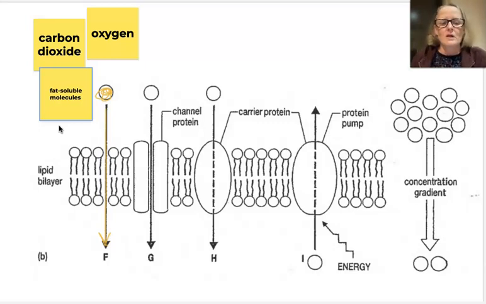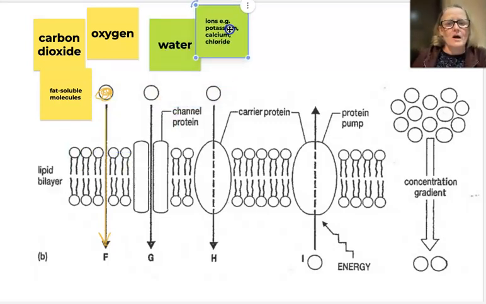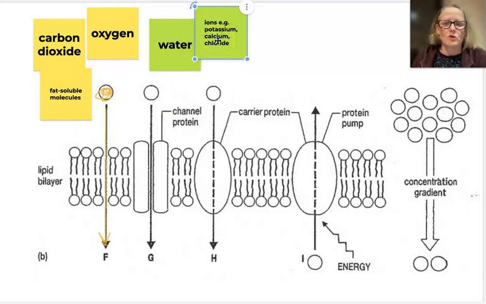Now, if a molecule does have a charge, or if that molecule is water-soluble, or indeed water itself, so water or ions, so charged particles, so minerals that you eat, so salts, so potassium, calcium, chloride, sodium, they need to go through a channel protein.